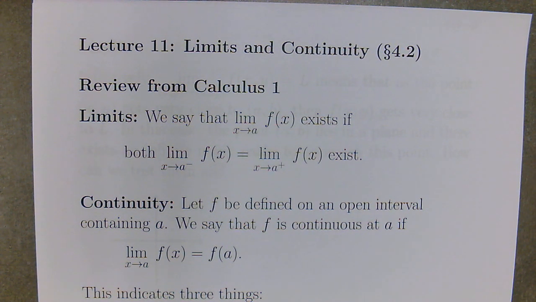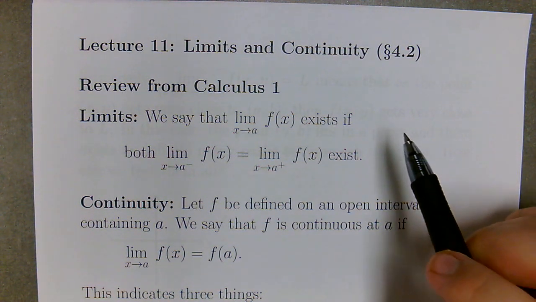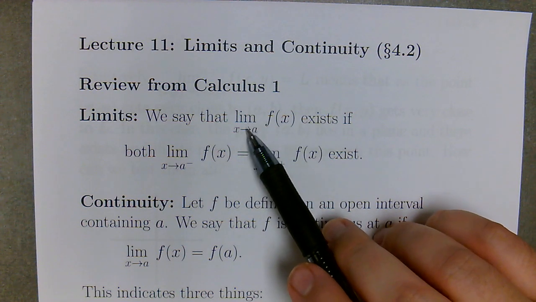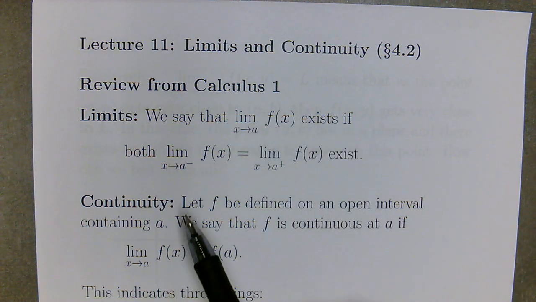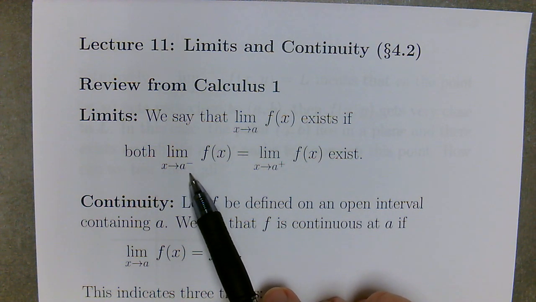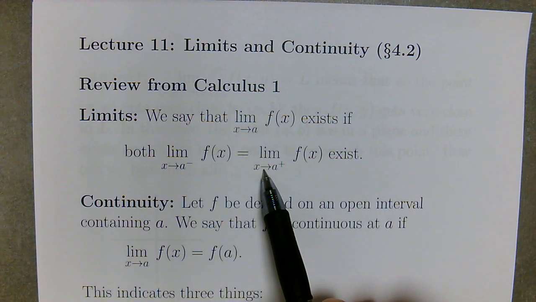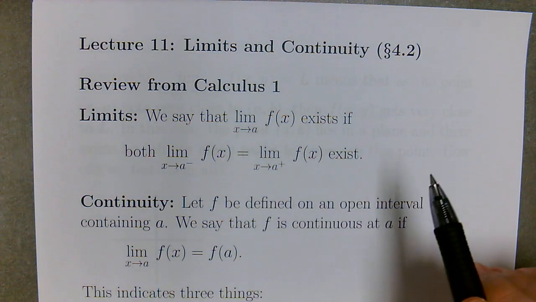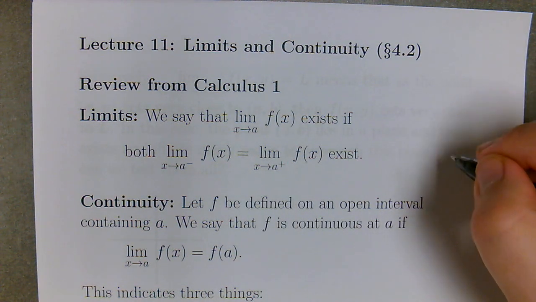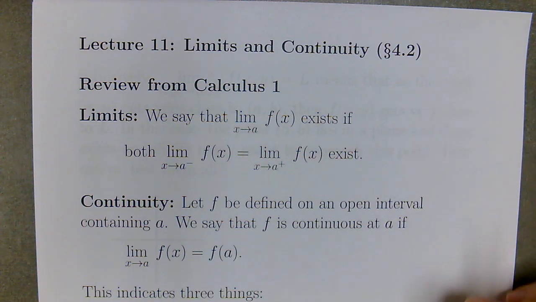So to draw an analogy from Calculus 1, let's take a look at what a limit meant back then. We say that the limit as x goes to a of f of x exists if both the limit from the left and the limit from the right exist, and they are the same number. So your function has to agree as it's coming from the left as it does coming from the right.